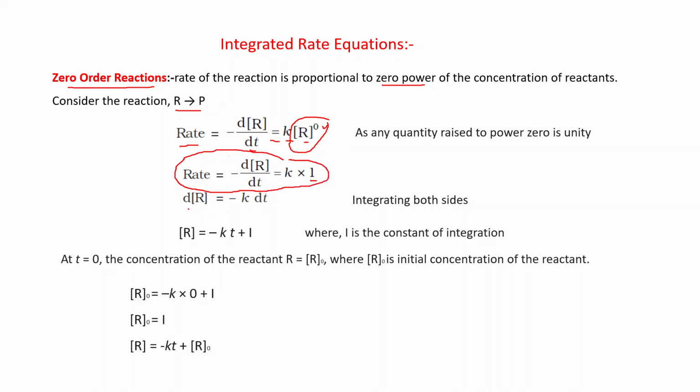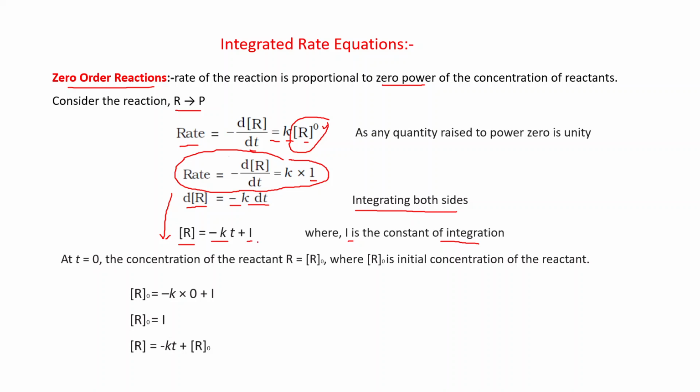This can be written like this: dR is equal to minus k dt. If we integrate this equation on both sides, we will get R is equal to minus kt plus I, where I is the constant of integration. If you can learn this, it is better. If you don't know the integration, it is very easy to memorize this conversion.